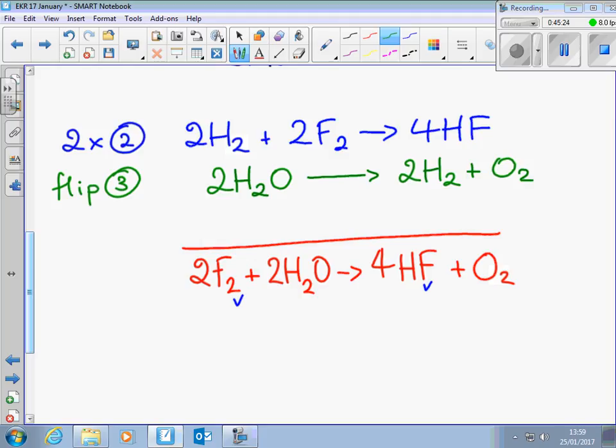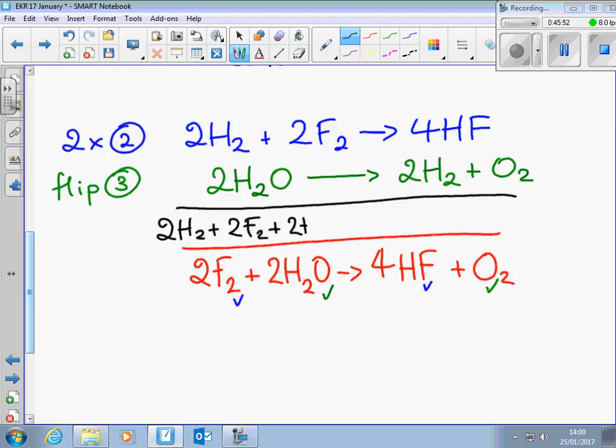Okay, now we can cancel this out because we've got two H2Os, we've got our O2, we've got a bit of extra, however. So if I put another line in and add them, we get 2H2 plus 2F2 plus 2H2O will give us 4HFs, 2H2s and an O2.